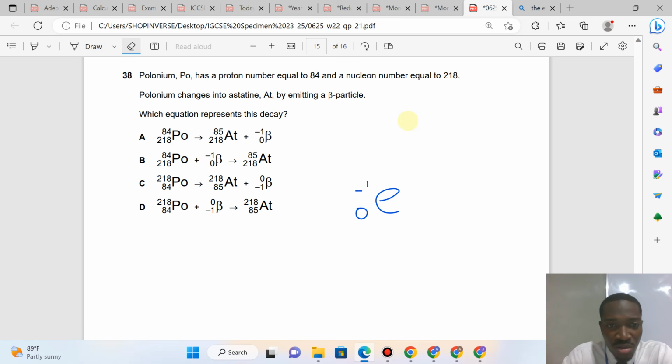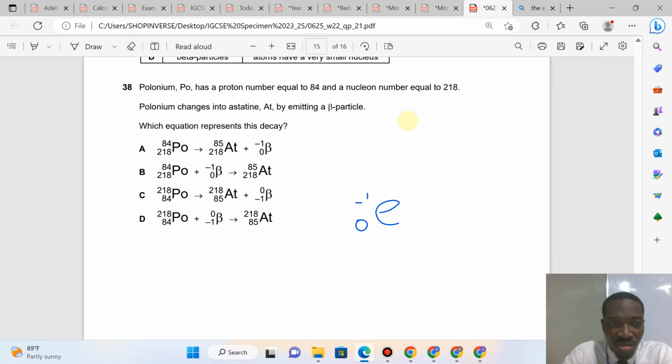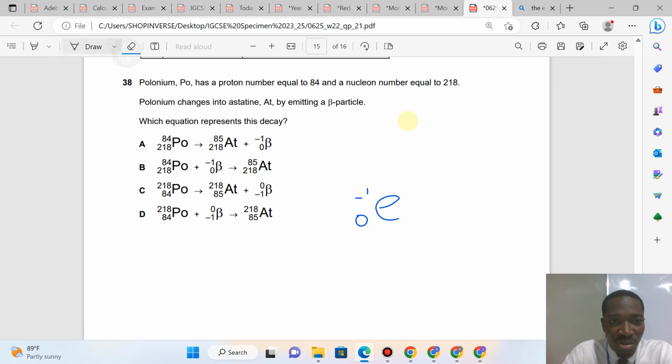Electrons have atomic number of -1 and mass number of 0. Okay, good. So which equation does this look like? Sorry, did I just say polonium? An electron has an atomic number of -1.